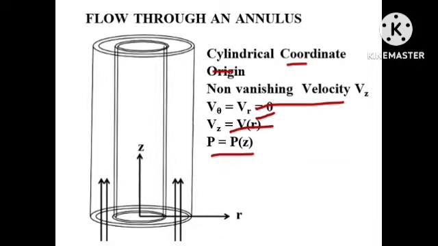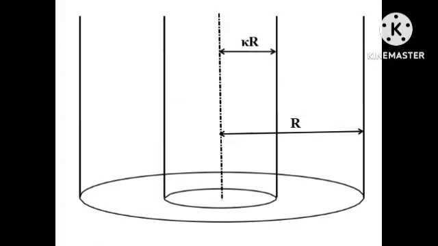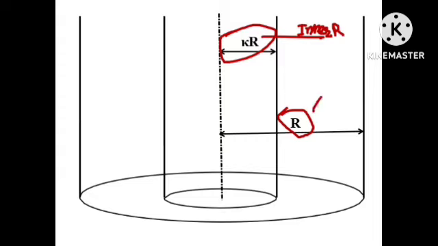Okay, so I think you got all these points which I told you. Now the main thing is the inner radius. This is called the inner radius, and this is called the outer radius.